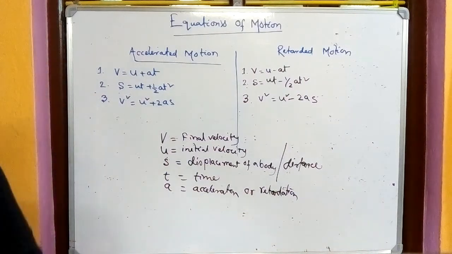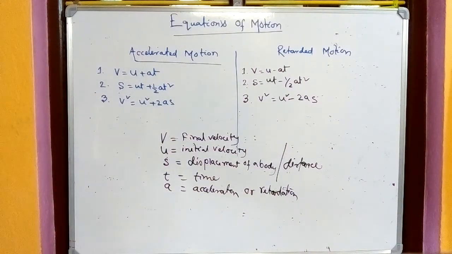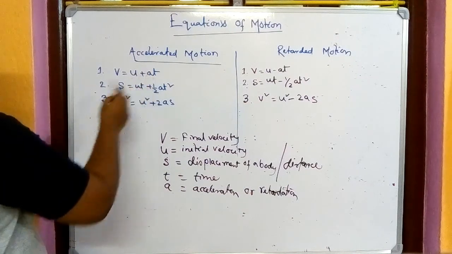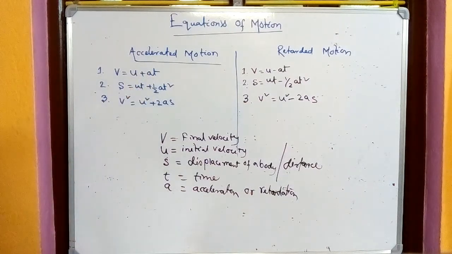Now coming to the equations first. The first equation tells us v equals u plus at, meaning here we are finding the final velocity, where initial velocity, acceleration and time must be given to us. s equals ut plus half at square.